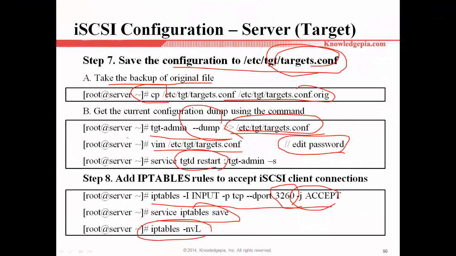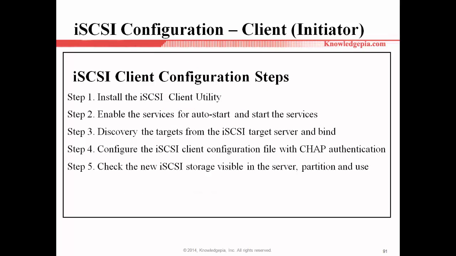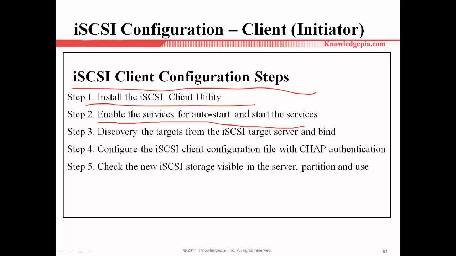So far, I have shown you how to configure the iSCSI server as a target. Now, iSCSI client configuration as an initiator. Here are the iSCSI client configuration steps. The first one, install the iSCSI client utility and enable the service for auto start, or start the service.